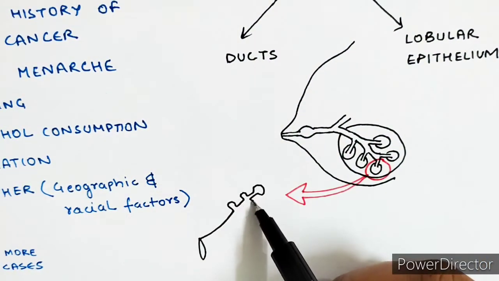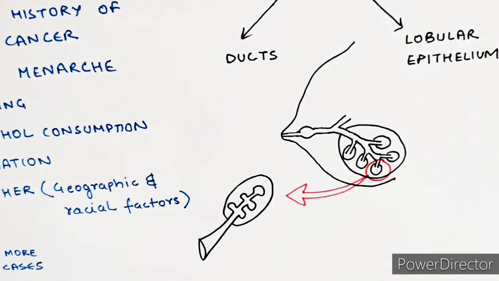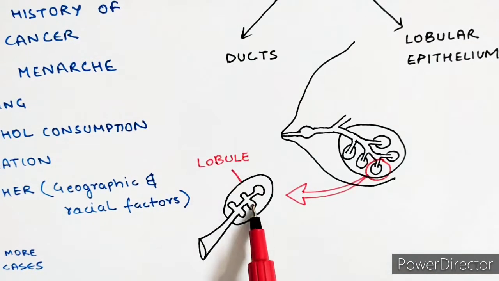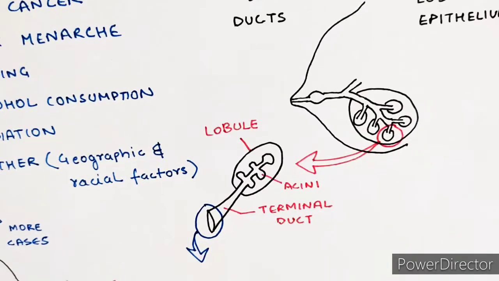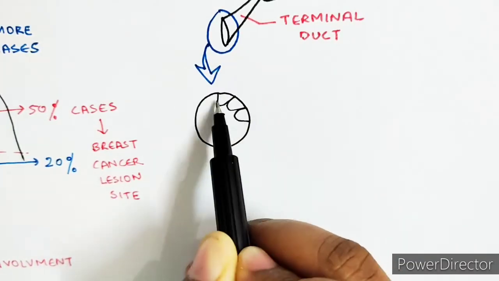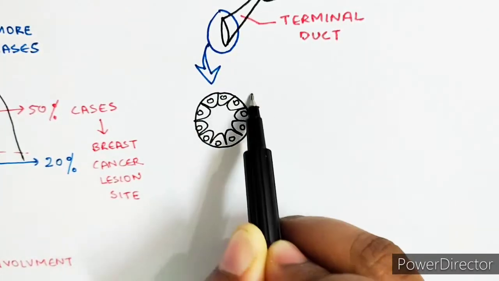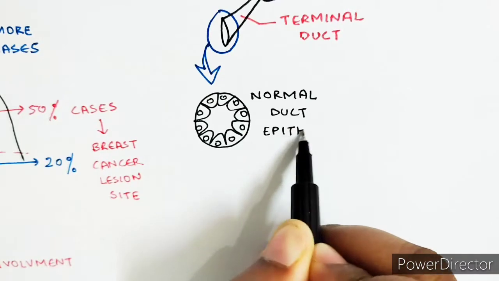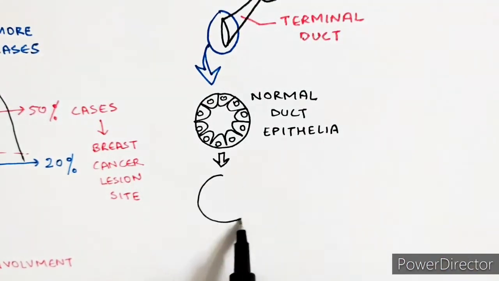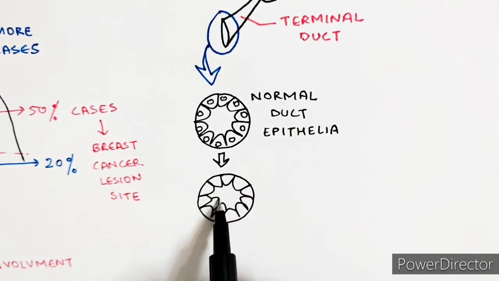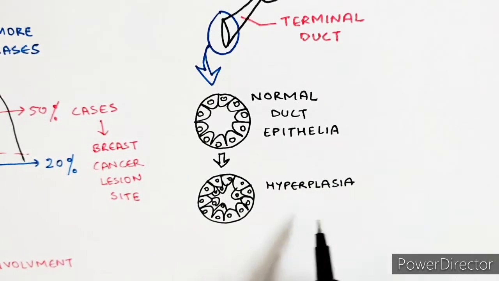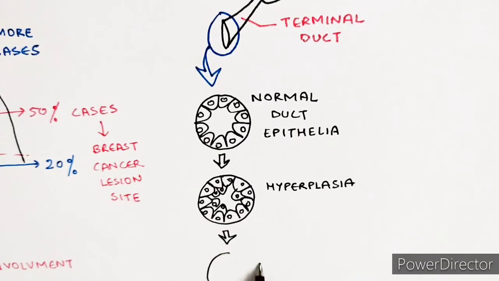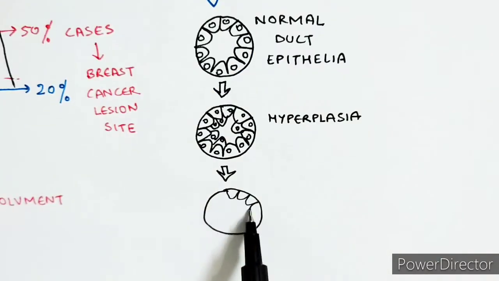As you can see in the diagram, this is the structure of lobule composed of acini, and this is the terminal duct. So this is the normal epithelium of the duct. When it undergoes uncontrolled proliferation, that is hyperplasia, it results into obliteration of the duct.